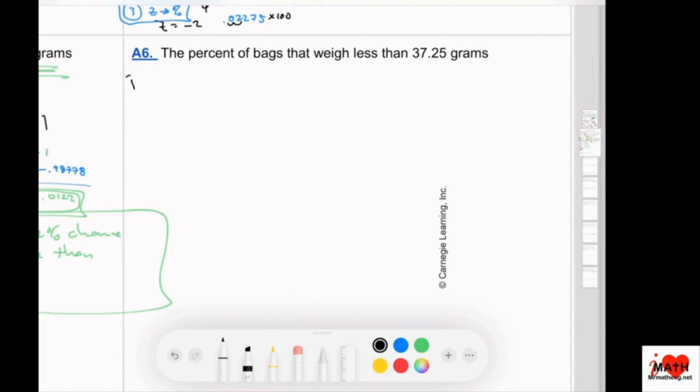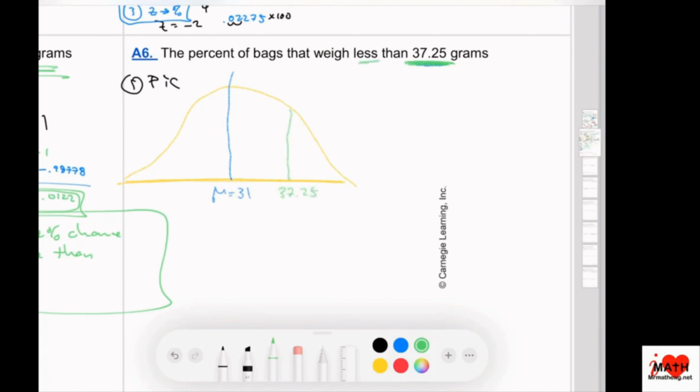All right, the first thing we're going to do is draw a picture. And remember, we get the center, or the mean, from the directions. It'll tell you the mean is 31. And you need to locate 37.25. So that's just a number bigger than 31, so you can just arbitrarily put it here.